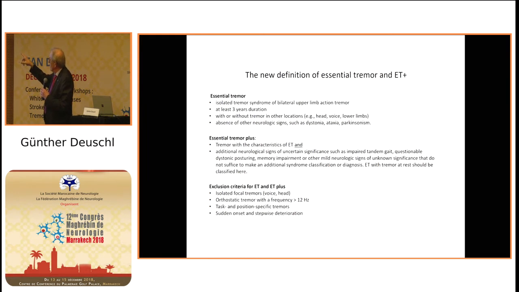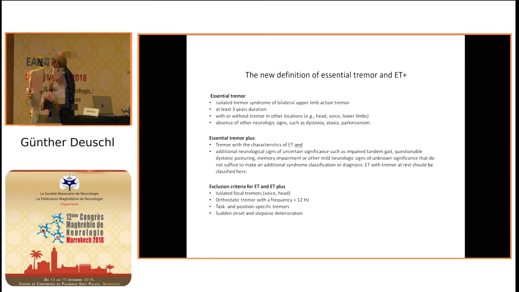With or without tremor in other locations may be present, but only if you have also hand tremor. So if it's a pure head tremor, it's a focal tremor. And absence of other neurological signs, certainly. And then we have made a new category.